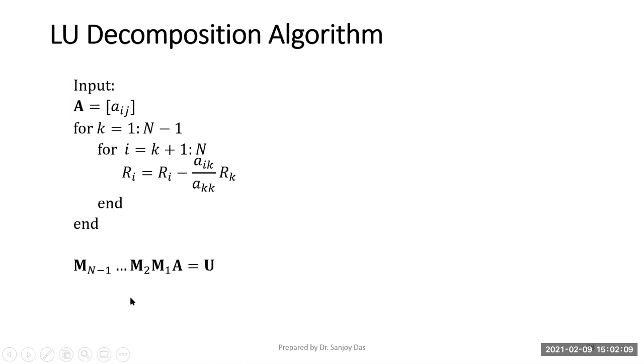And this is the equivalent operation. When I applied this algorithm, at each step K, the matrix A was getting pre-multiplied with some matrix M_K. So eventually, the whole effect was to pre-multiply A with M1, then with M2, all the way to M_(n minus 1).